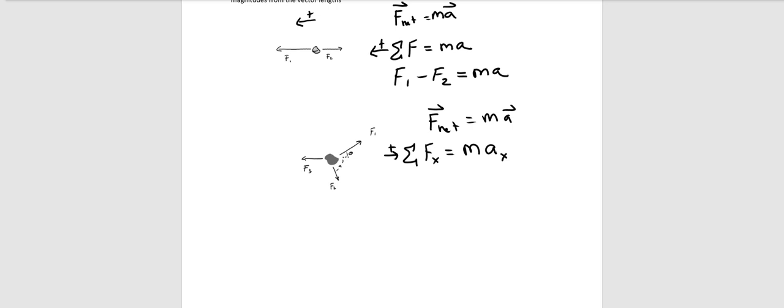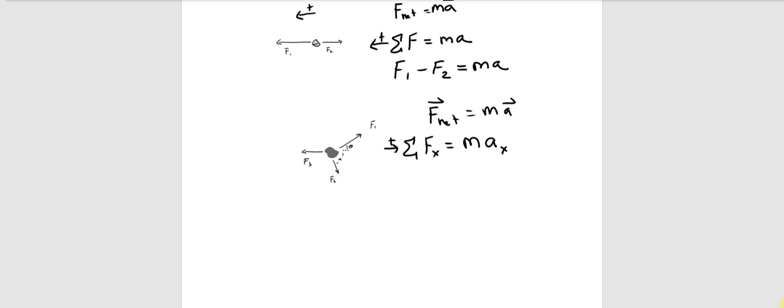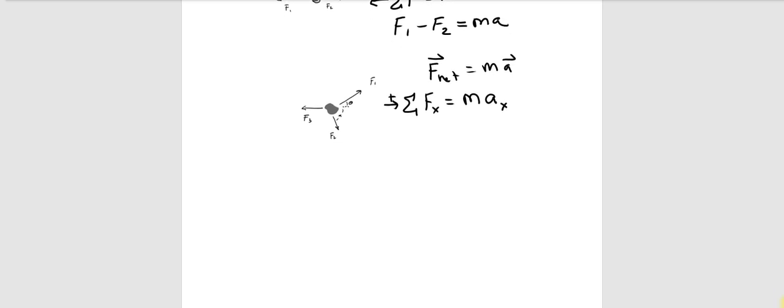Vector equations are applied by direction. So when we look at this picture, I'm going to write the equation out and then talk about where these are coming from. That's going to be F1 cosine of the angle theta plus F2 cosine of the angle alpha is equal to mass times acceleration in the x direction.